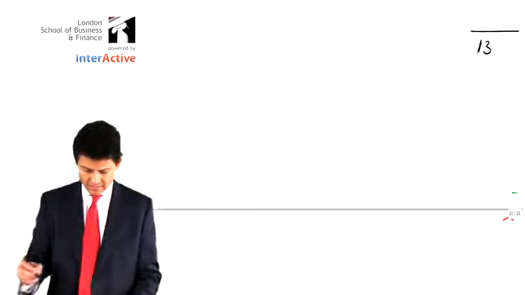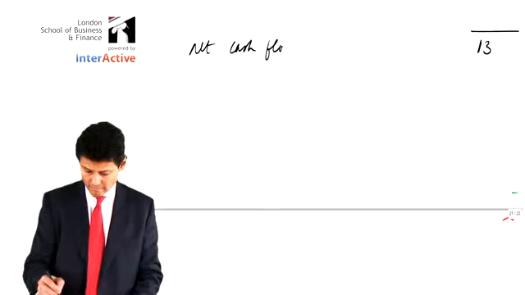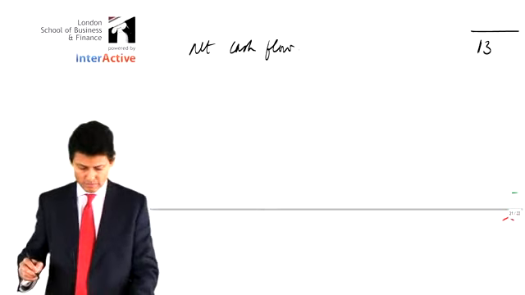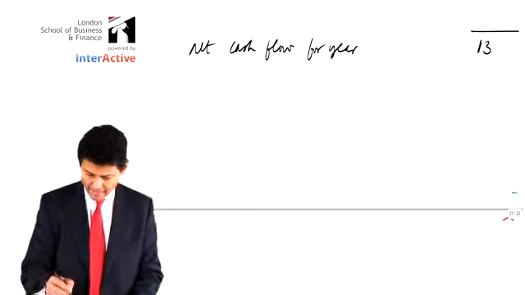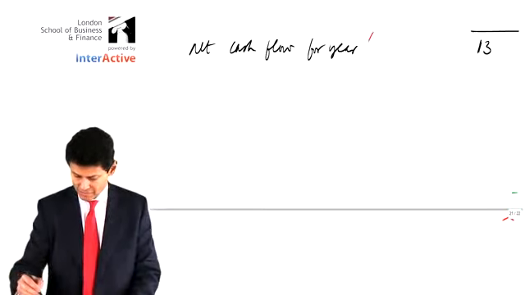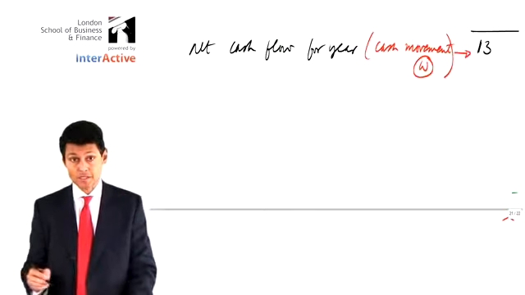And that 13 is the net cash flow for the year. And that, of course, comes from the movement in cash position, cash movement in the workings. That came to 13 a couple of minutes ago.